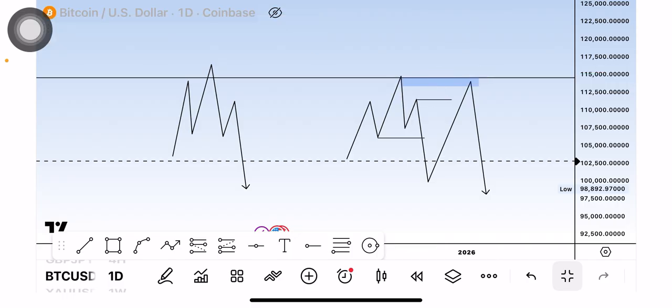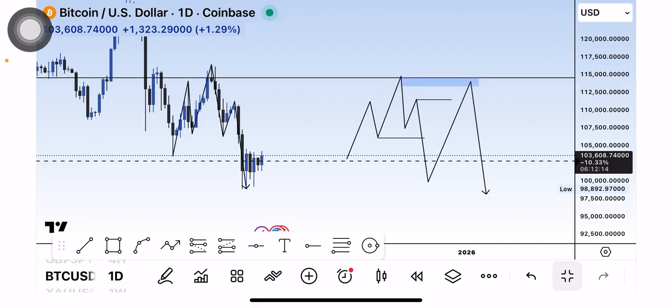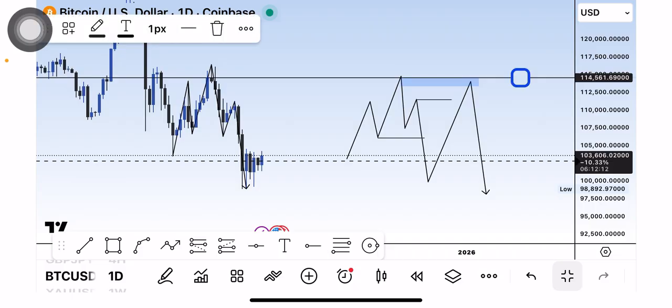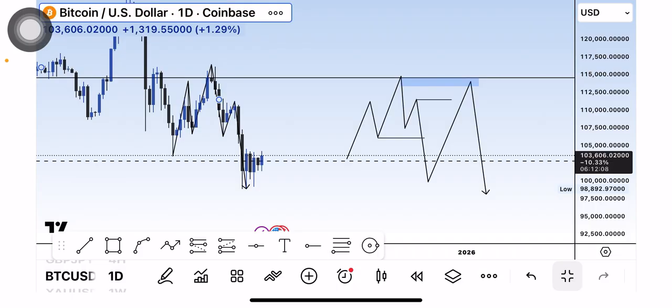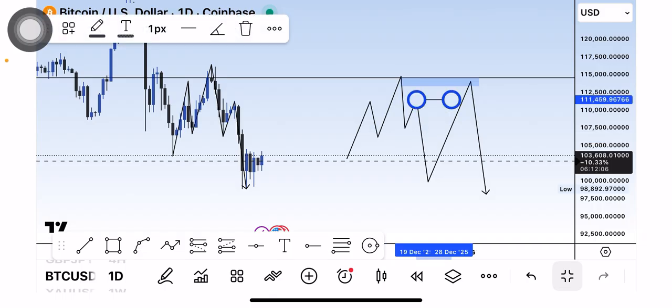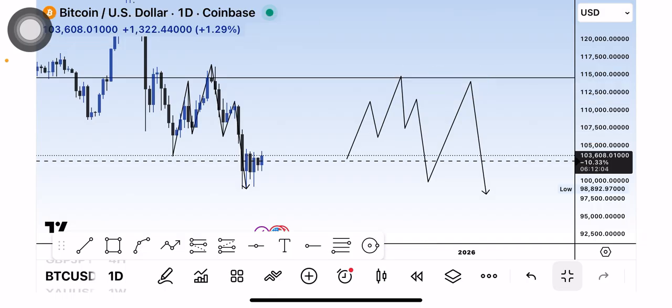Which means that we are going to sell from this key level area, but we are not going to sell immediately. We just wait for market to get to that zone, then give us a shift of market structure before we sell.